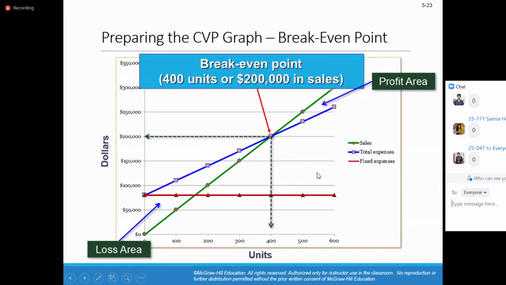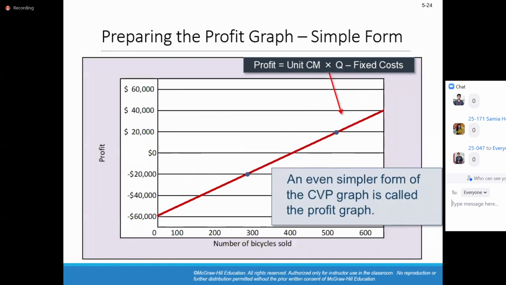Now, is it possible to draw a relation between the profit and the sales unit? It is possible. So if we draw a relation between the sales unit and the profit, we will get this kind of picture. So you see that when we have 600 units of sales, we will see that our profit is 40,000.